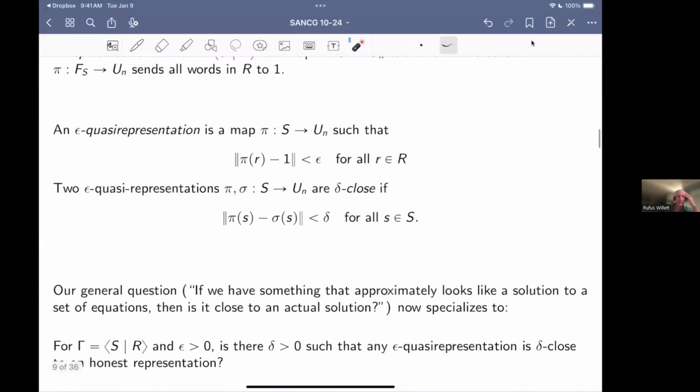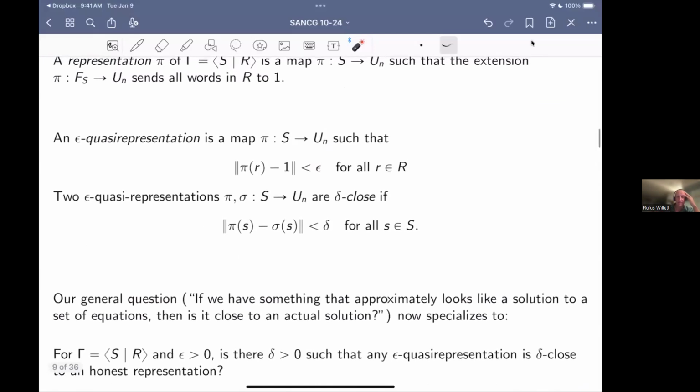And then we have the general motivating vague question from the start, which is: if we have something that approximately looks like a solution to our set of equations, is it close to an actual solution? In this context, how we're going to make that precise is: if we have our group and any epsilon, is there a delta such that any epsilon quasi-representation is delta close to an honest representation? Now, there's something I've swept under the rug here, which is that there's an N here, for any epsilon quasi-representation.